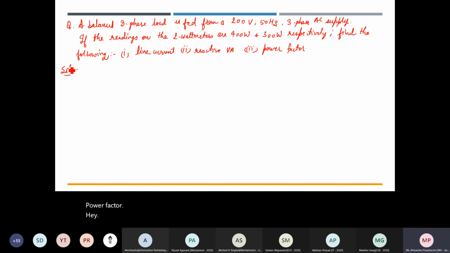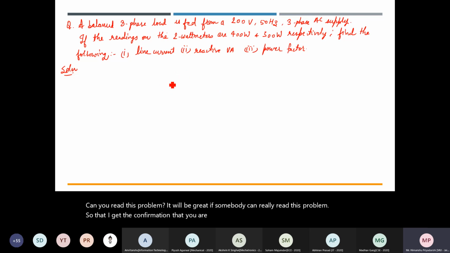Can you read this problem? It will be great if somebody can really read this problem so that I get the confirmation that you are able to read it. A balanced three-phase load is fed from a 200 volt 50 Hz three-phase AC supply.